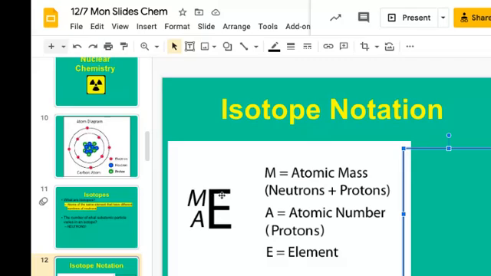Whatever element we have, we used carbon a lot last time. Then the number on the top left is our atomic mass, neutrons plus protons. And the bottom left number is just the atomic number, the protons, the number on the periodic table.